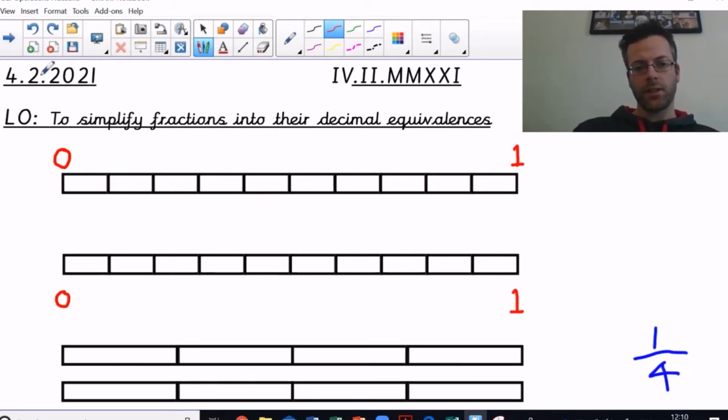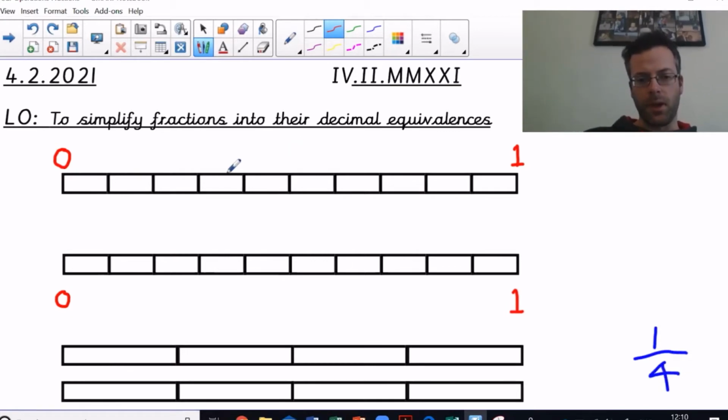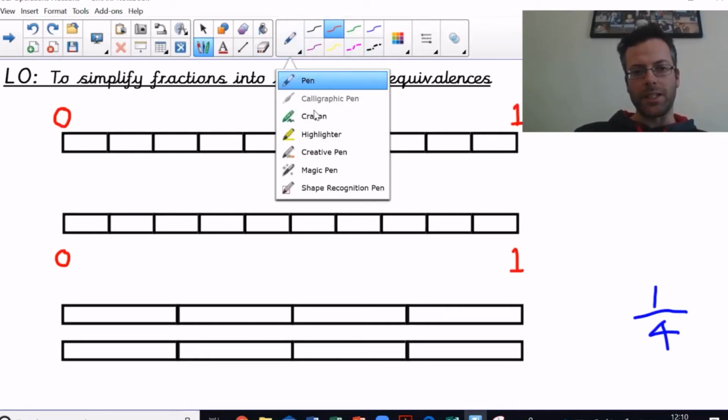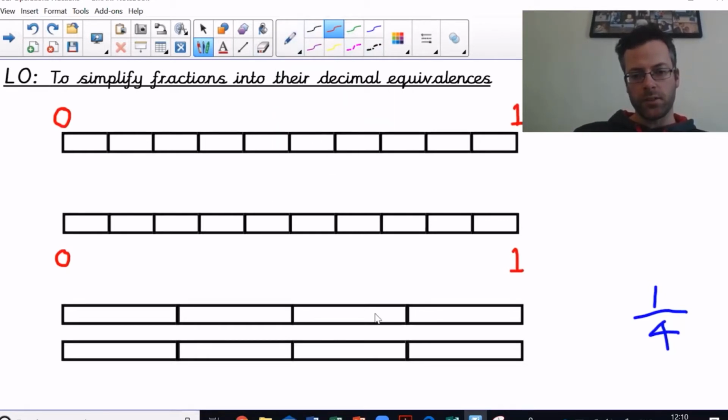And then finally, if we're thinking about a quarter. Now for this, I have to scroll down a little bit. If I split this into 4 parts, so still it's the same length, and I've split it into 4 parts, and then I've shaded in 1. Hopefully you'll agree with me that that is 1/4. Now 1/4, if we look at this one, gets us to this point.